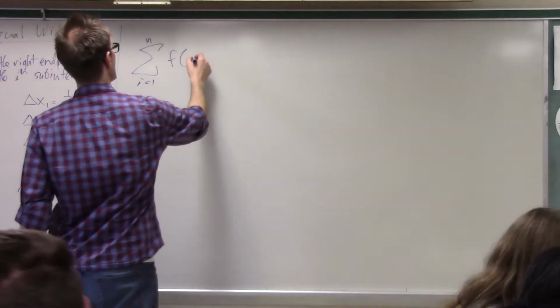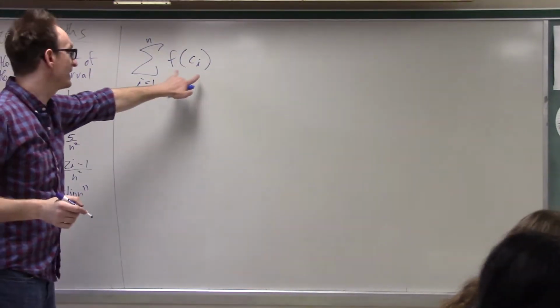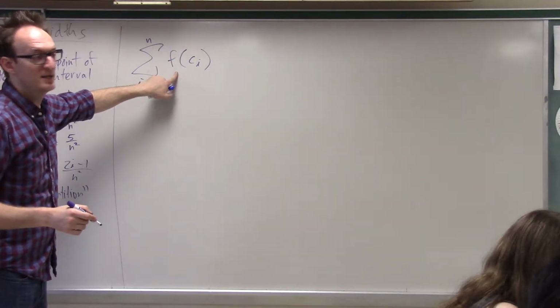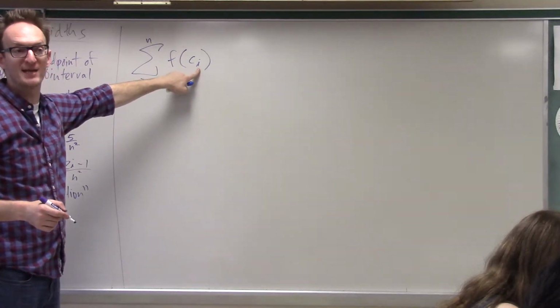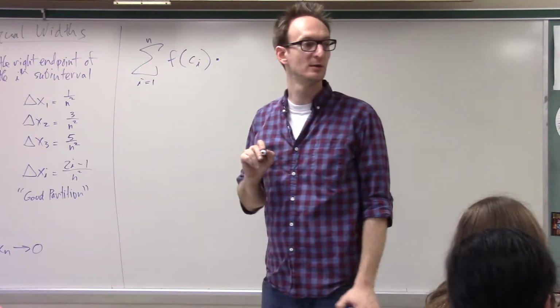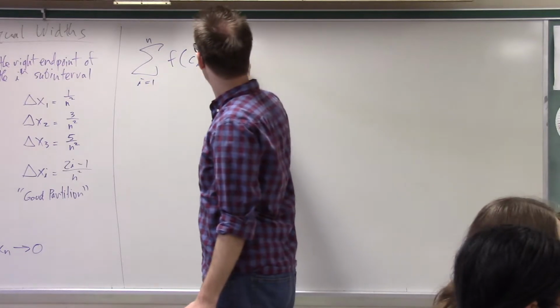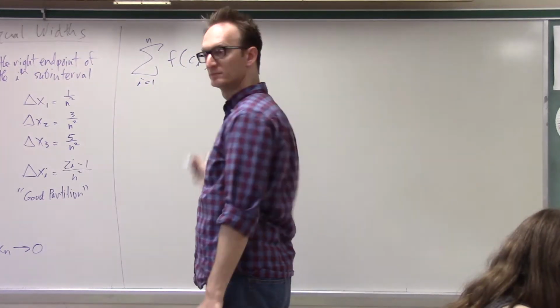We could be even more simple about it: the height of the ith rectangle is the value of the function at the right-hand endpoint. And what is the width of the ith rectangle? Just delta x i.